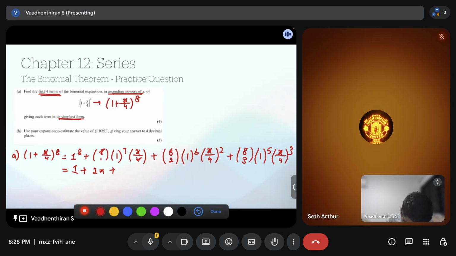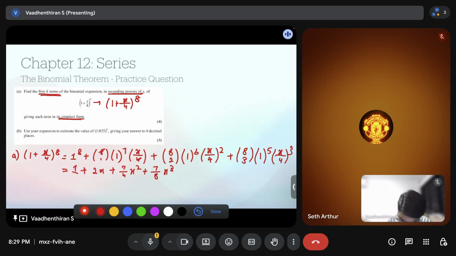So that is 7 by 4 x squared, plus 8 choose 3 divided by 4 cubed, 64. So that will be 7 by 8 x cubed. So these are the four terms. When you're writing the answer, it should be in this expanded form. You should not just write first term, second term, third term, fourth term.